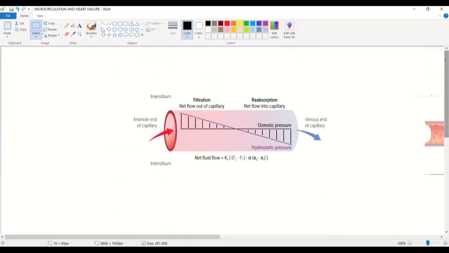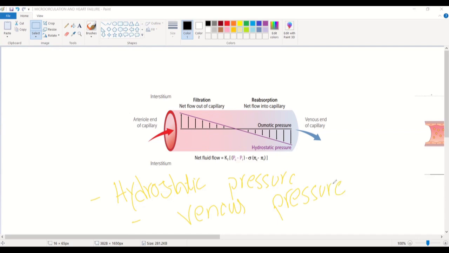They give you a clinical scenario of the symptoms of heart failure, and they ask what will happen to hydrostatic pressure, what will happen to venous pressure, what will happen to contractility?